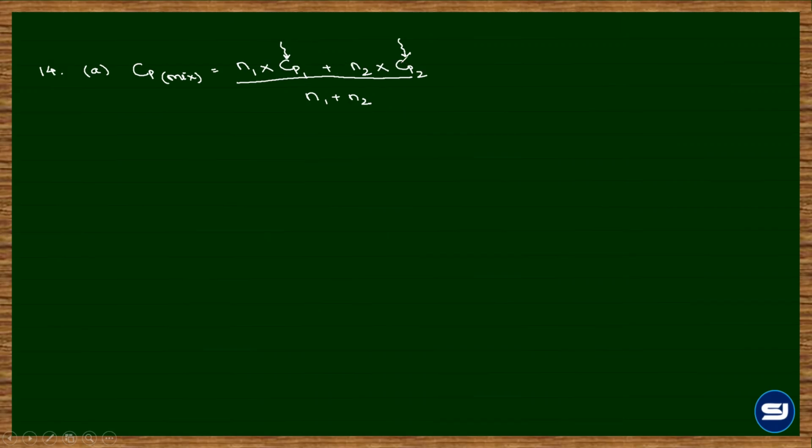Moles are the same, right? Sujal. Yes, sir. So Cp of the mixture you can find. You will take moles as 1 and the Cp values for the mono and diatomic gases.